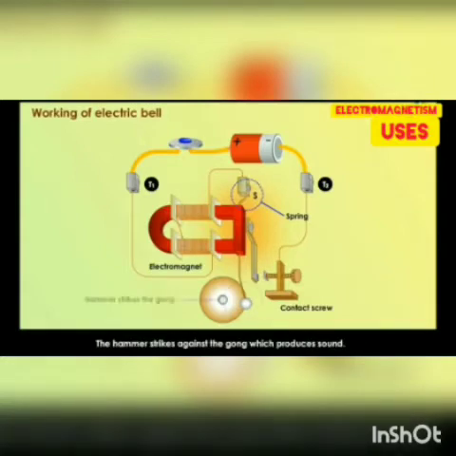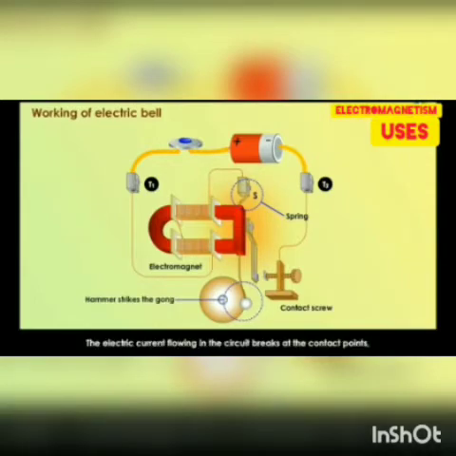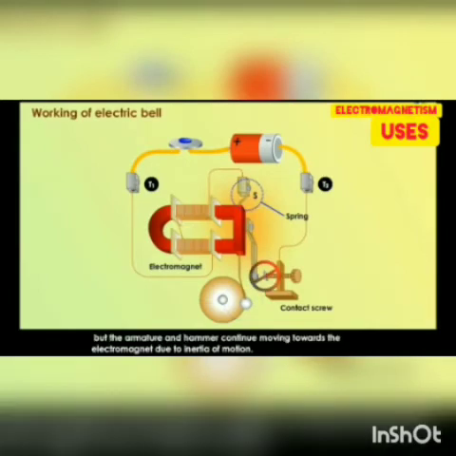The hammer strikes against the gong, which produces sound. The electric current flowing in the circuit breaks at the contact points, but the armature and hammer continue moving toward the electromagnet due to inertia of motion.